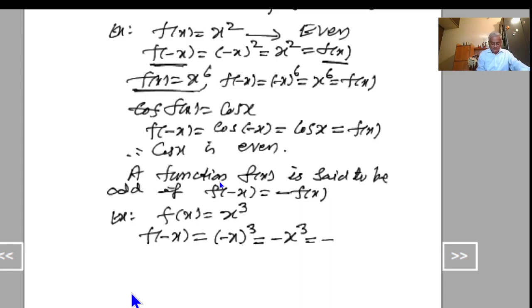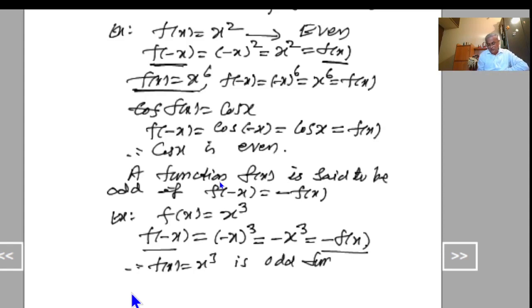This is equal to minus f of x. So here we are getting f of minus x is equal to minus f of x. Therefore, f of x equal to x cube is an odd function.